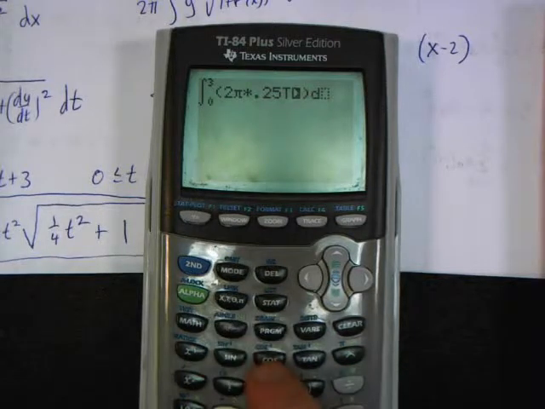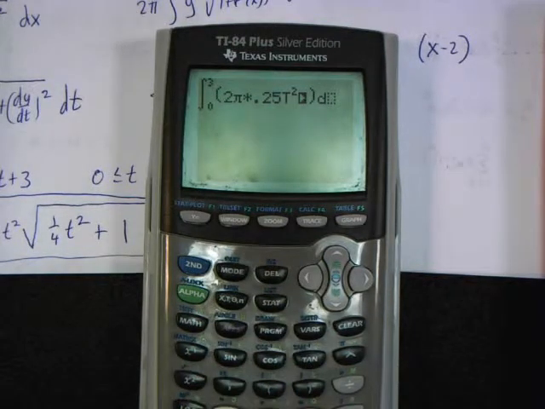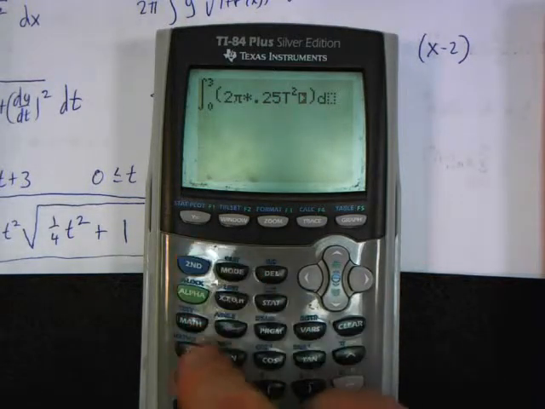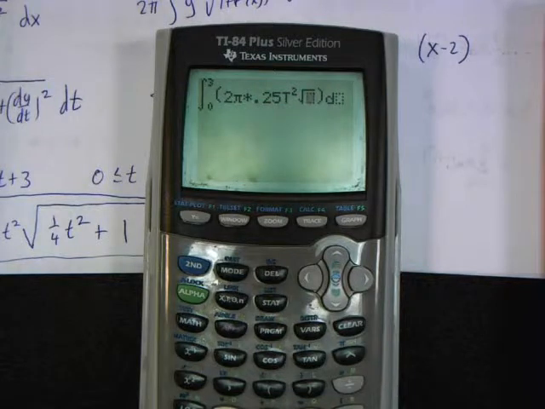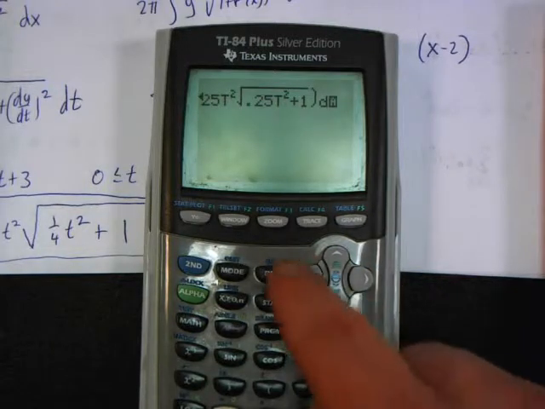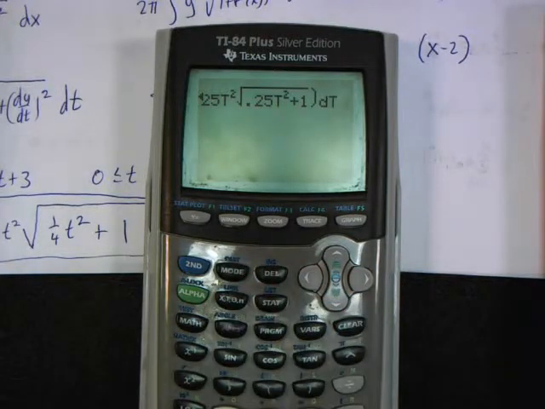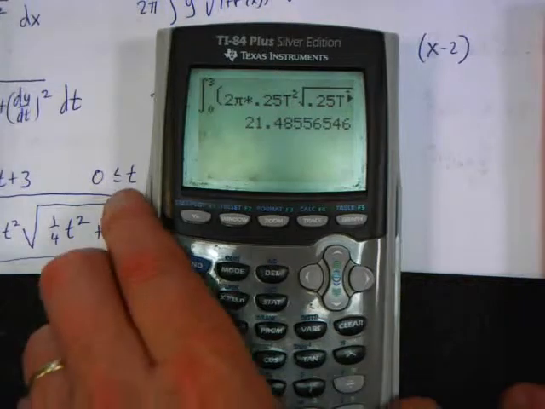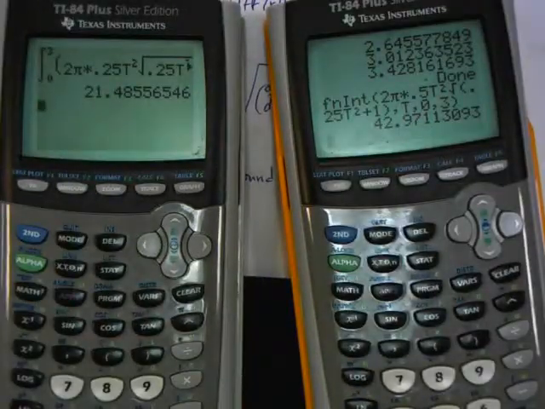Isn't it 2 pi on the outside of the interval? Does it matter? It's a constant. Constants can float in and out wherever you want them. Square root of 1/4 t squared plus 1 dt. So if you do have the new operating system, you did 0.5 t squared, not 0.25 t squared.